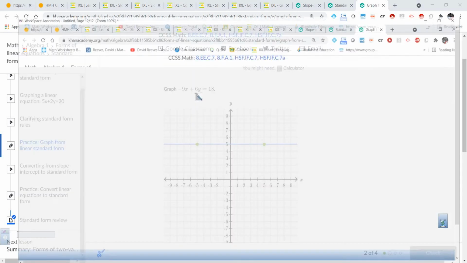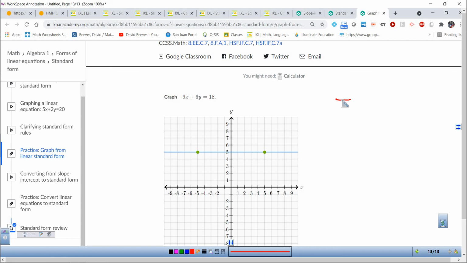Again, we're graphing a line in standard form. So instead of finding the slope and the y-intercept, we're going to find the x-intercept and the y-intercept. For every x-intercept, y is 0, and for every y-intercept, x is 0. So I'm going to put in 0 first for x, and then I'm going to put in 0 for y. When I put in 0 for x, I get 6y is 18, so y is equal to 3, so the y-intercept is 3.